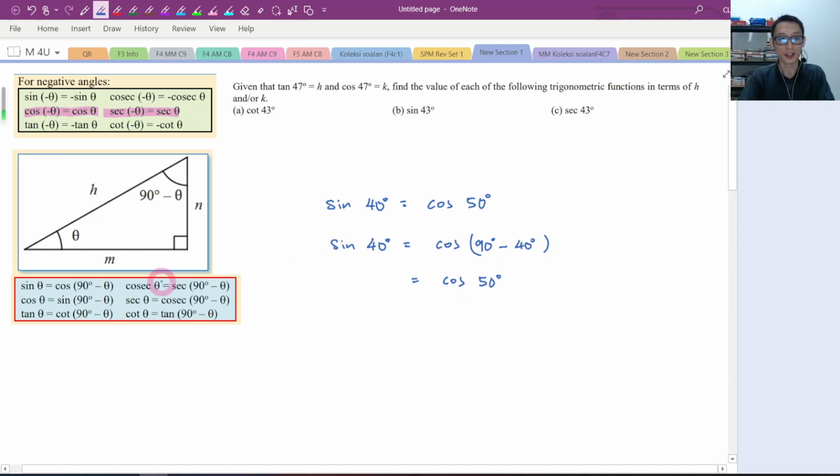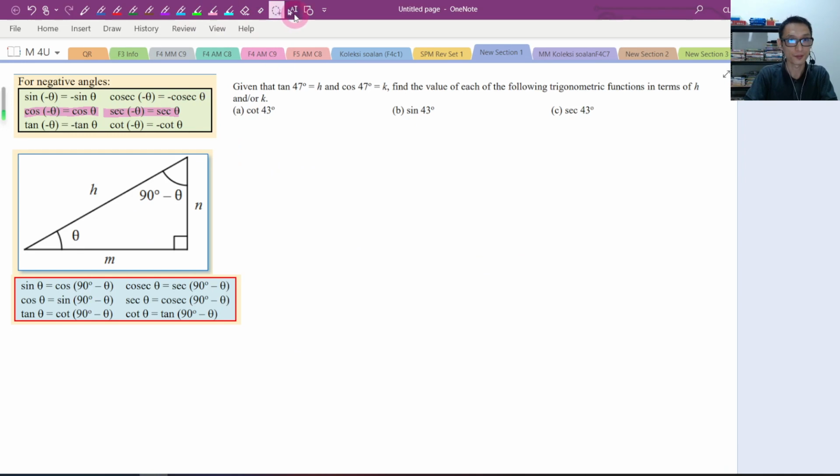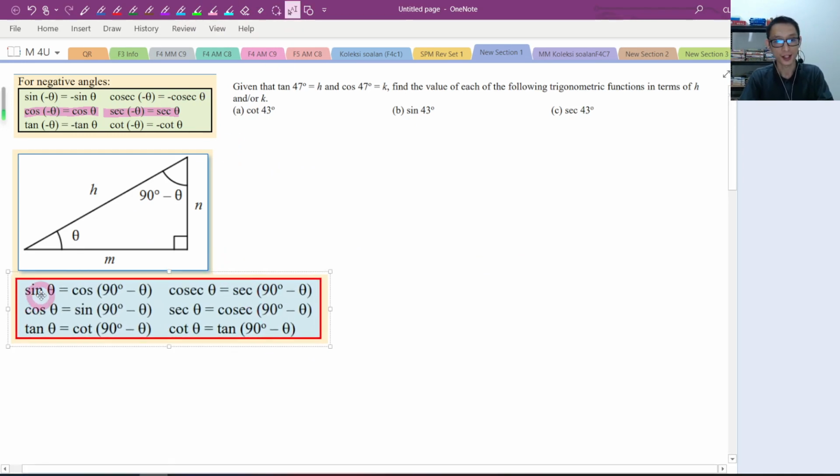Okay, so here you need to remember sine and cosine are one group, tangent and cotangent are one group, and secant and cosecant are one group. What do I mean by this? Try to observe the diagram here. Let me make it larger. Sine theta is equal to cosine of 90 degrees minus theta.